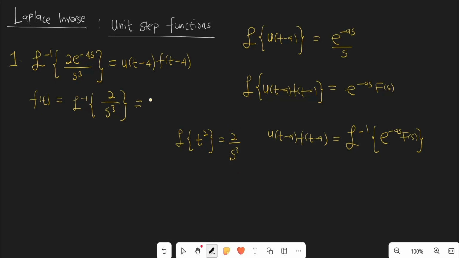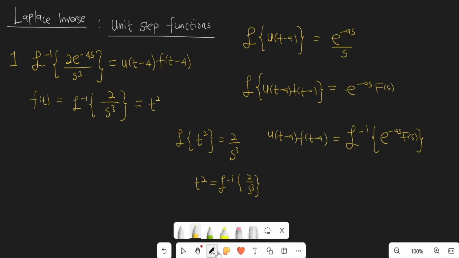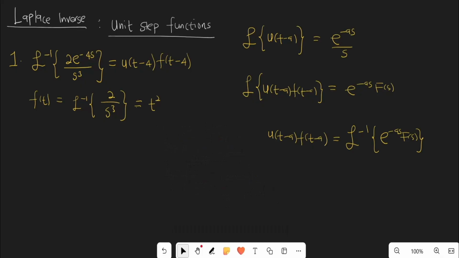We know that the Laplace transform of the function t squared is equal to 2 over s to the third. So the Laplace inverse of 2 over s to the third is going to return t squared, just like going back, doing the reverse. So let me clean this one. This was just for the purpose of illustration. Okay, cool. So now we have f of t to be t squared.